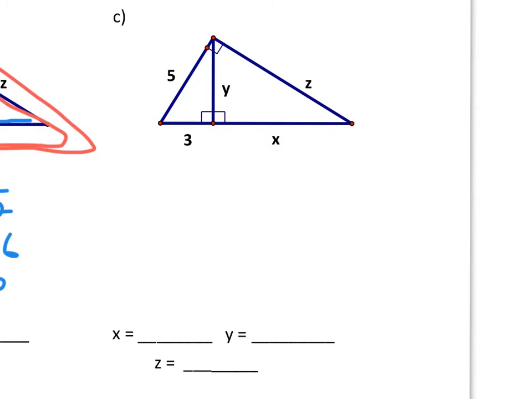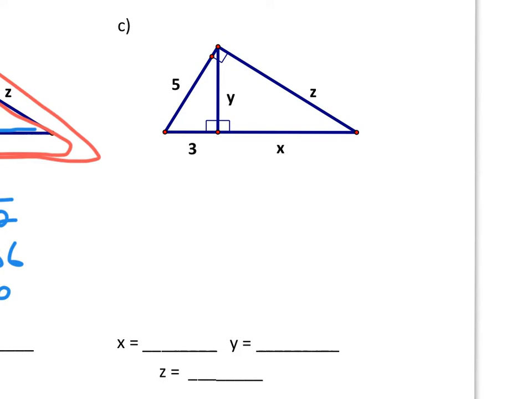Doing this last problem C here. Okay, so first of all, I could look at this left triangle and see that that is a 3, 4, 5 triangle. So y would have to be 4. Then I could set up the proportion of short to medium is short to medium.